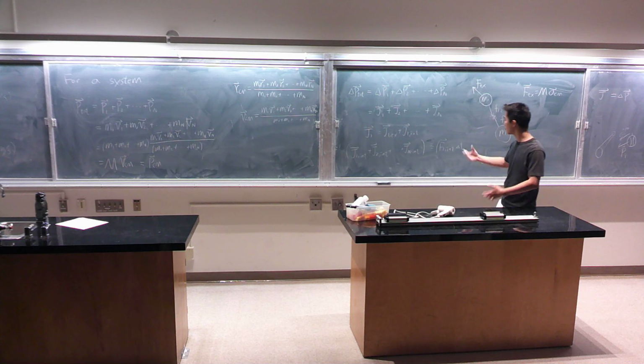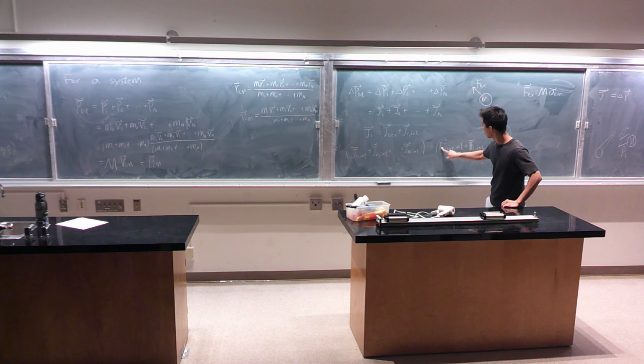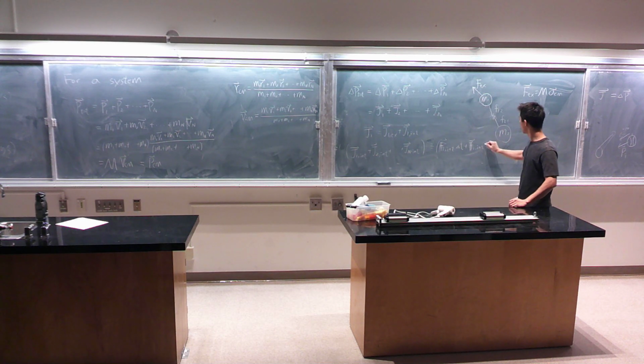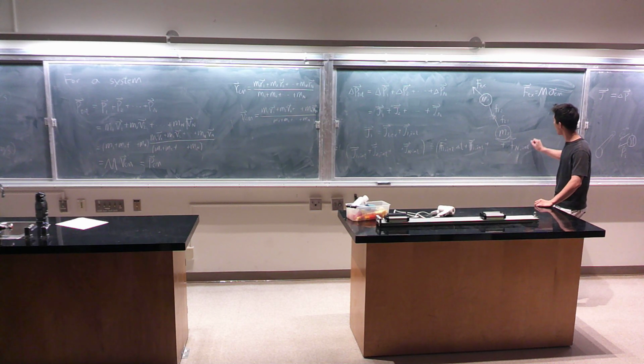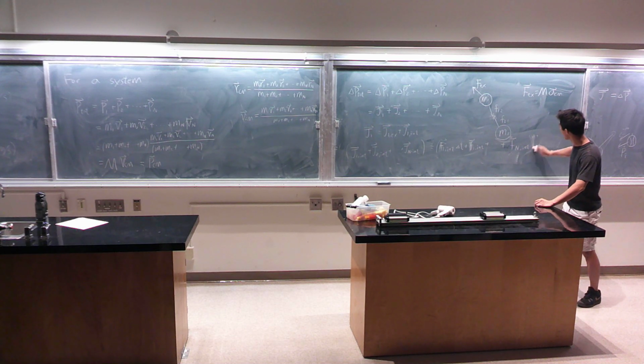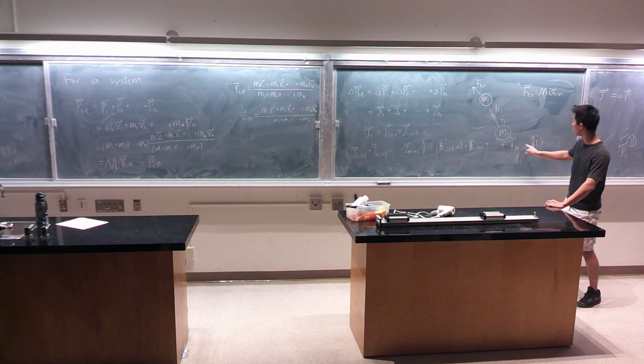Impulse is force times how long the time has passed, right? That's why I use small f, so you know this is internal force. These are the internal forces acting on the first particle, second particle, all the way to the nth particle.